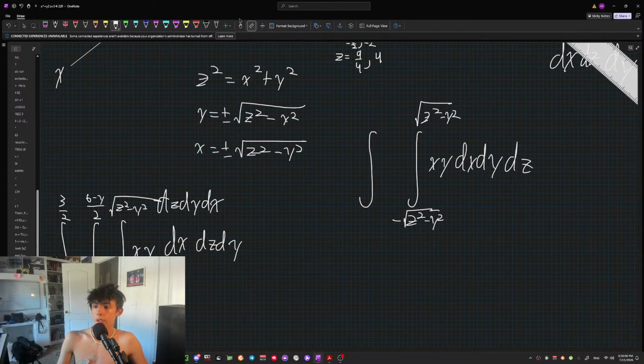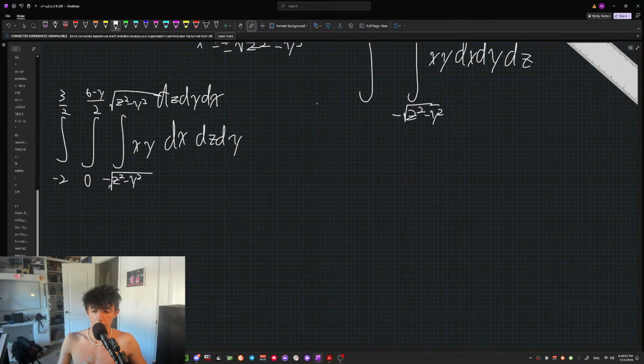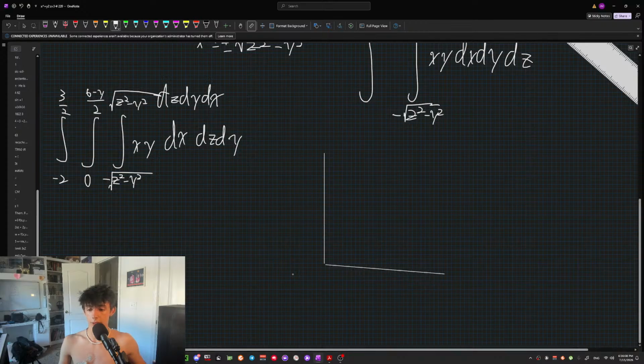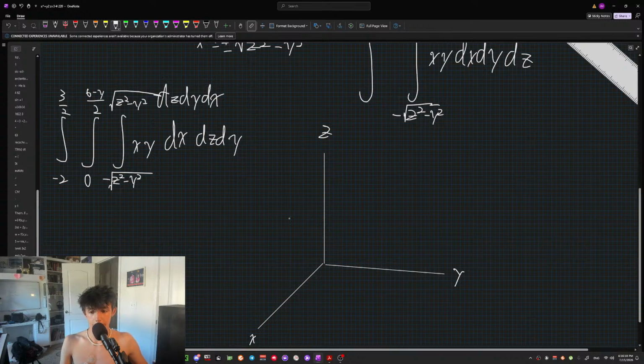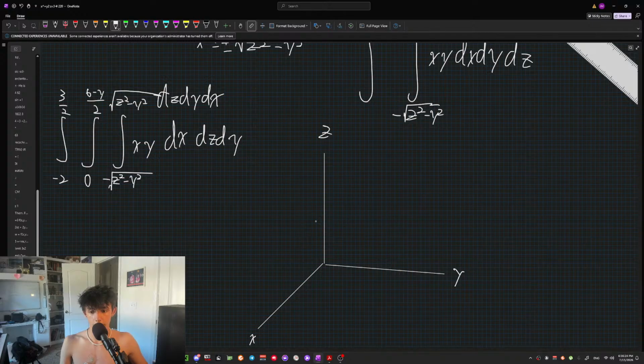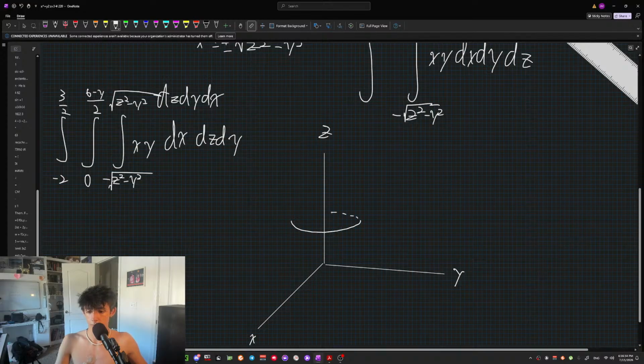Now let's try to somewhat draw this out. Big line for a big drawing. X, Y, Z. Okay, so 3 minus y over 2, and then we have that.